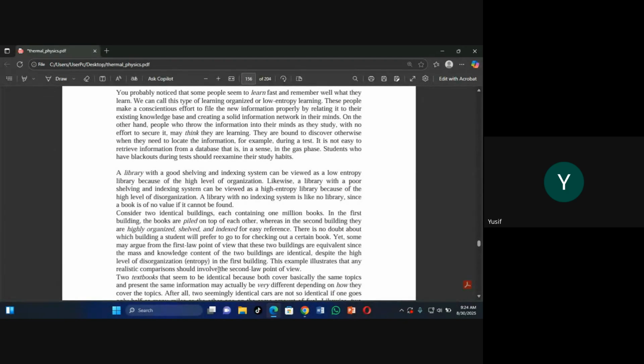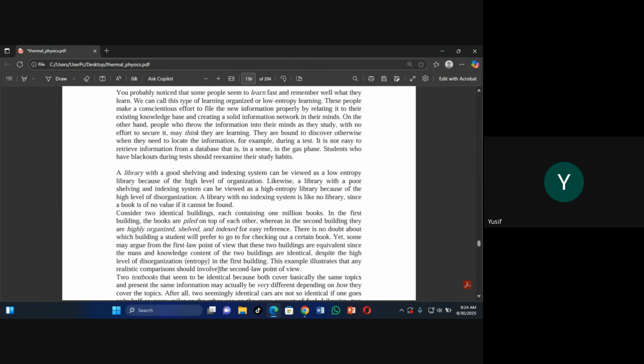Someone uses 5 minutes to locate it, and you still cannot find it. So even though the quantity of books or knowledge in the buildings is the same, the probability of locating a specific material becomes very difficult in the second one as compared to the one that has very organized and shelved materials.